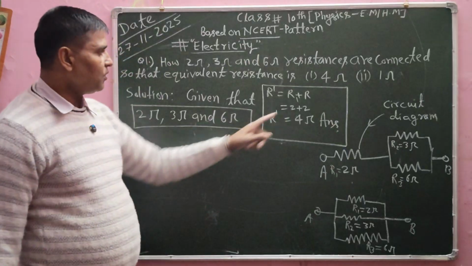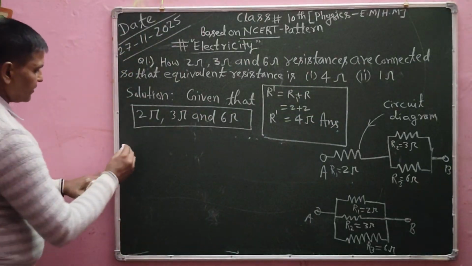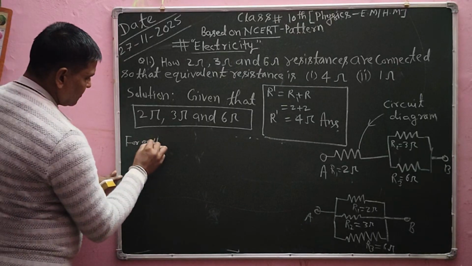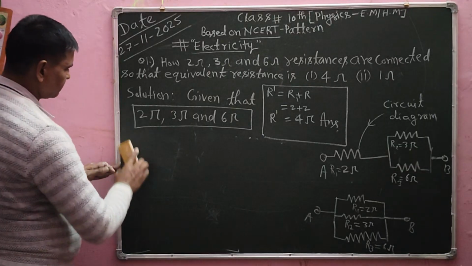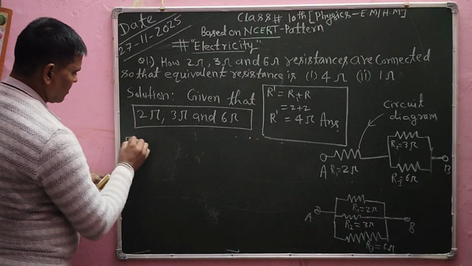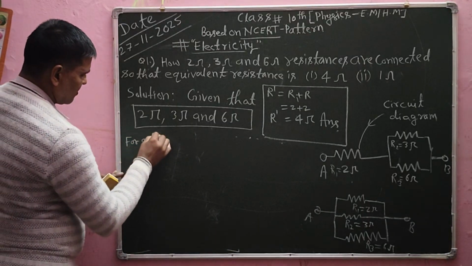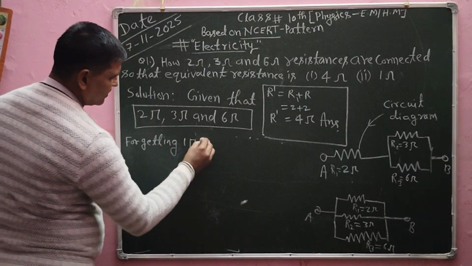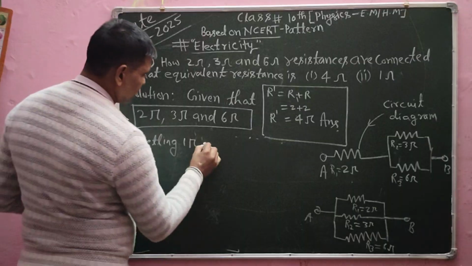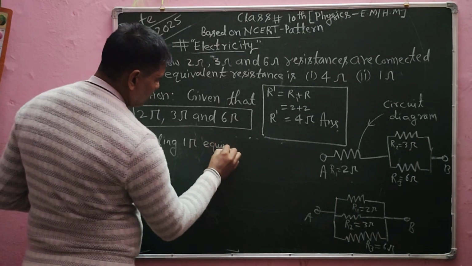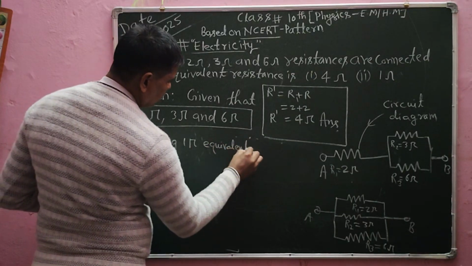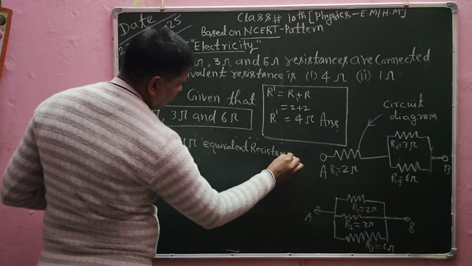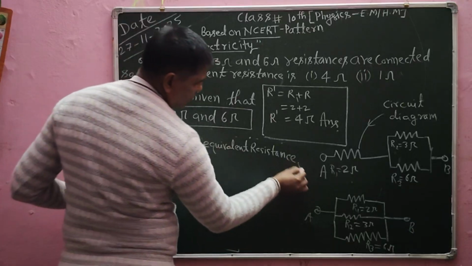Now for getting 1 ohm equivalent resistance, its diagram will be like this.